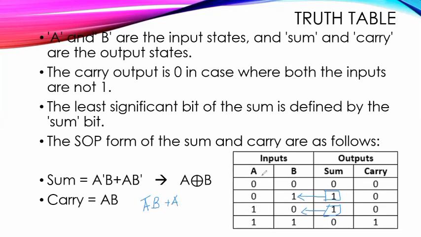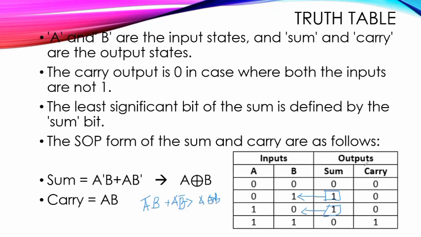It is as it is, A. When you see the second input, it is 0, so it will be considered as B bar, which is inverted. So when you see this equation, A bar B plus A B bar, it is in the form of A XOR B. So that is the equation of sum.